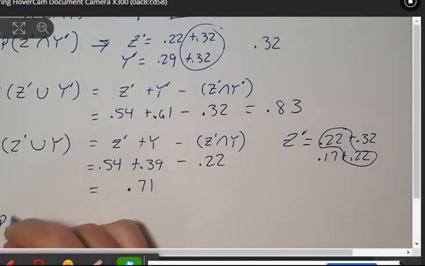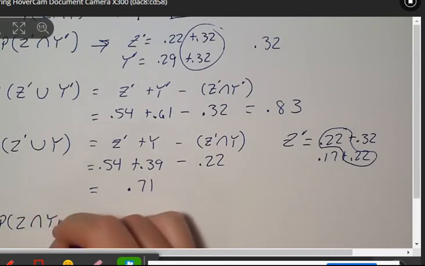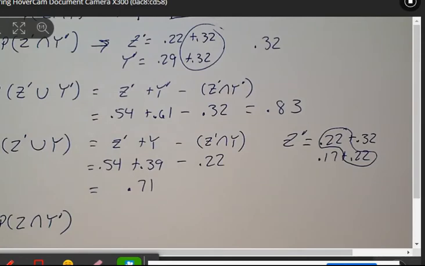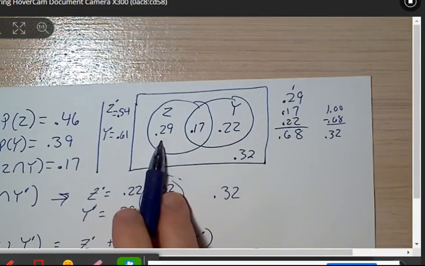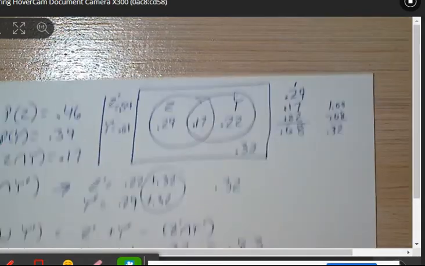All right, and then the last thing that was asked for here was the intersection of Z and Y prime. Okay, and if we're doing intersection, you almost have to go back and just write out what the pieces are. So for Z, back up here, that was 0.29 and 0.17.